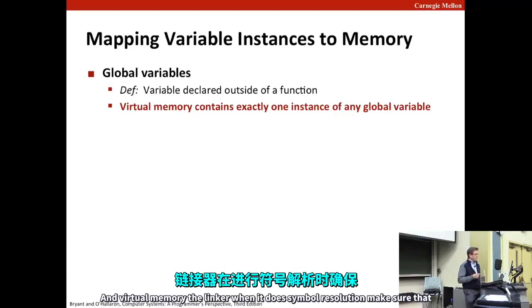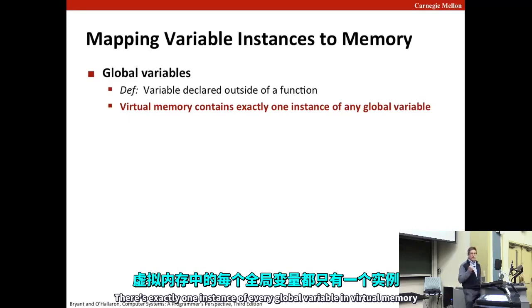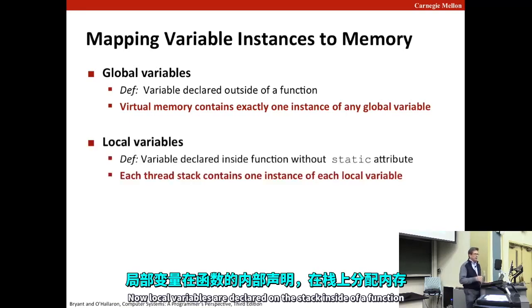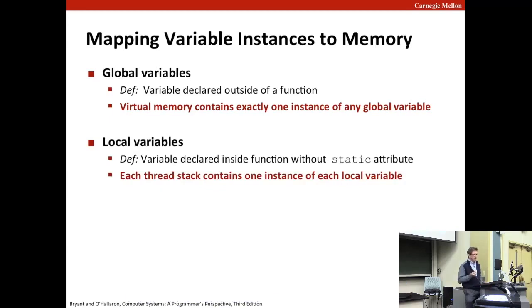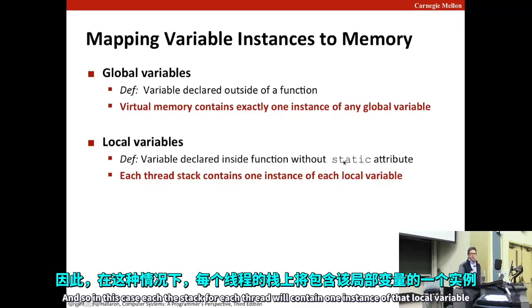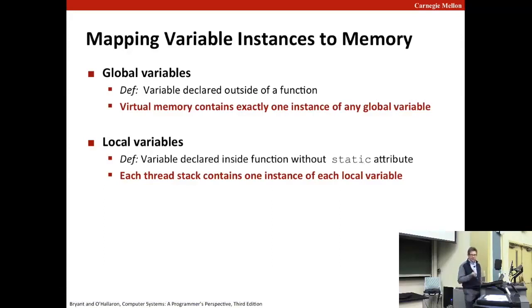In virtual memory, the linker, when it does symbol resolution, makes sure that there's exactly one instance of every global variable. Now, local variables are declared on the stack inside of a function without the static attribute. And so in this case, the stack for each thread will contain one instance of that local variable.